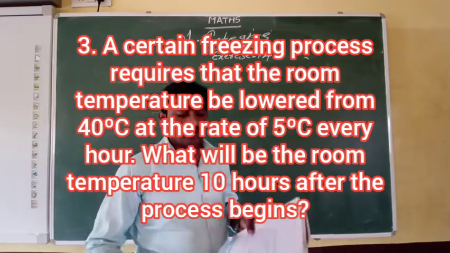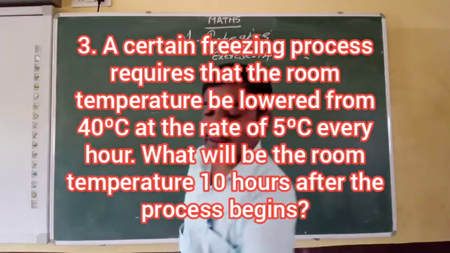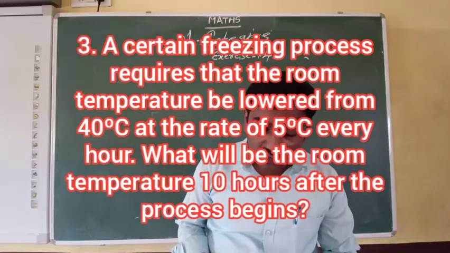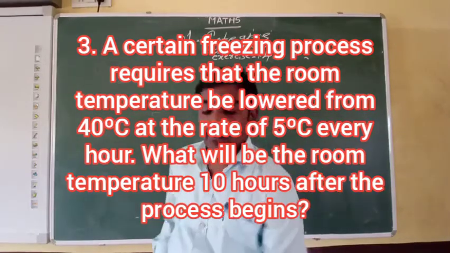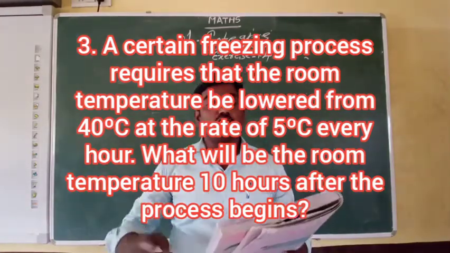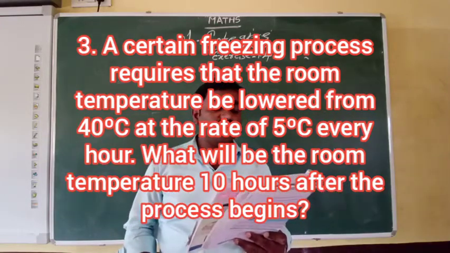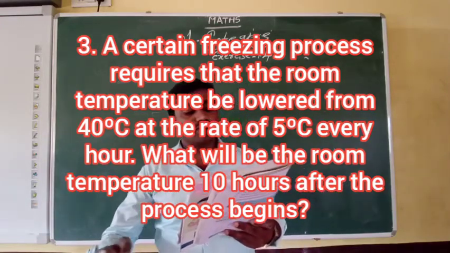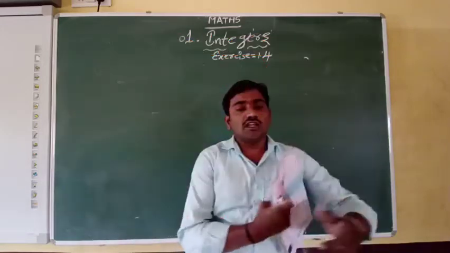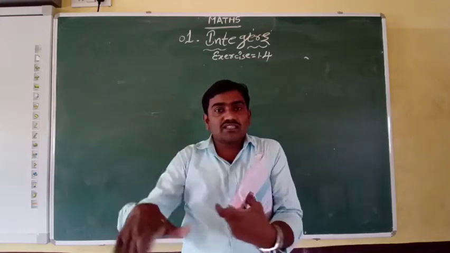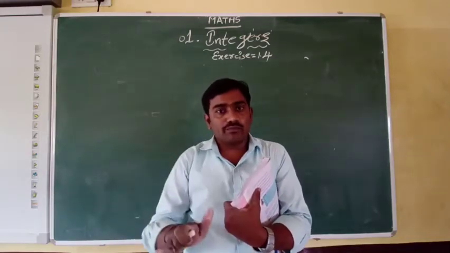So, to understand this simply: a certain freezing process requires the room temperature to be lowered from 40 degrees centigrade at the rate of 5 degrees for every hour. That means, suppose you are sitting in a room and the room temperature is 40 degrees centigrade right now.